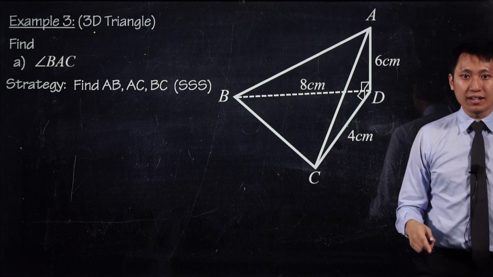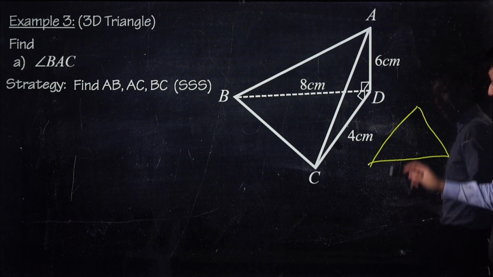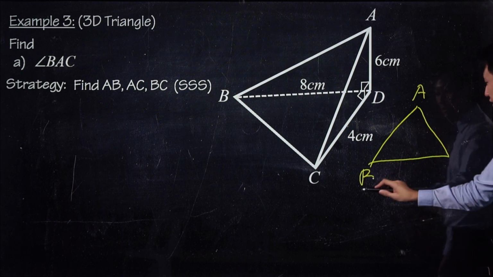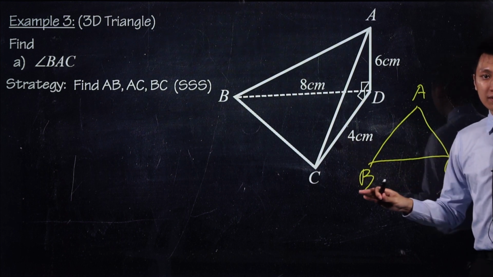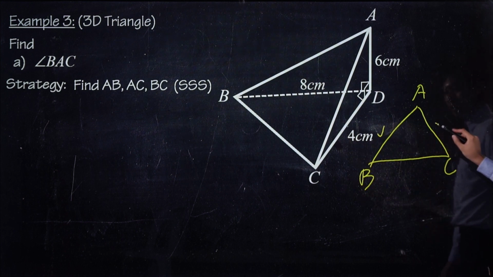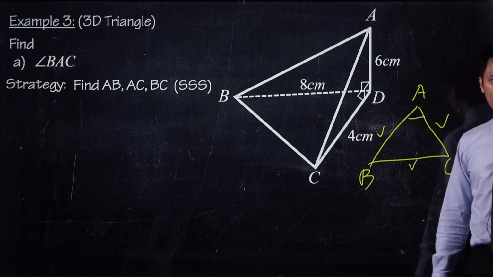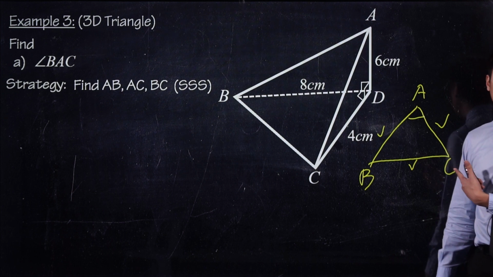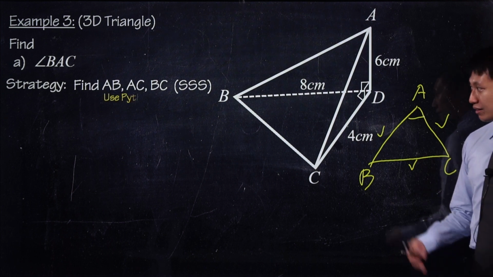BAC is one of the angles. If you have this, then this is A, this is B, this is C. I'm zooming this part out to be a flat triangle. If I know this one, this one, and this one, can I find this one? Of course you can. By what rule? SSS, use cosine rule. Alright, then we are done.